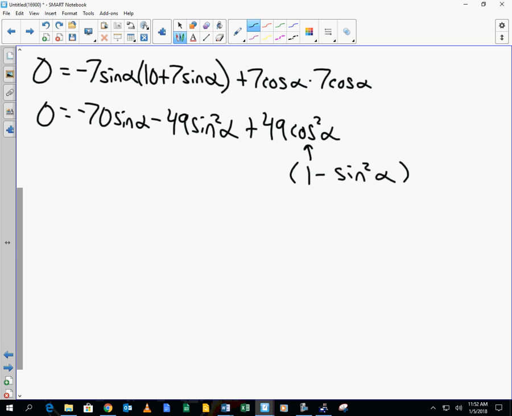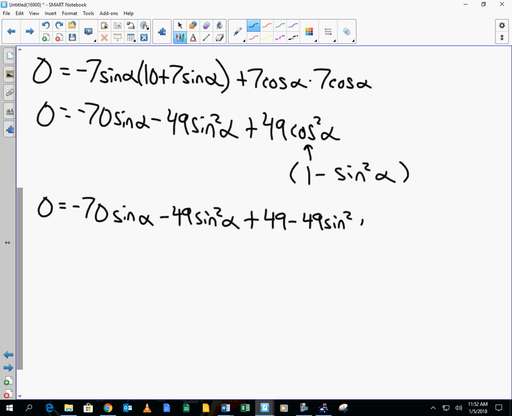I will make that trigonometric substitution. And I get 0 equals negative 70 sine of alpha minus 49 sine squared of alpha plus 49 minus sine squared of alpha.